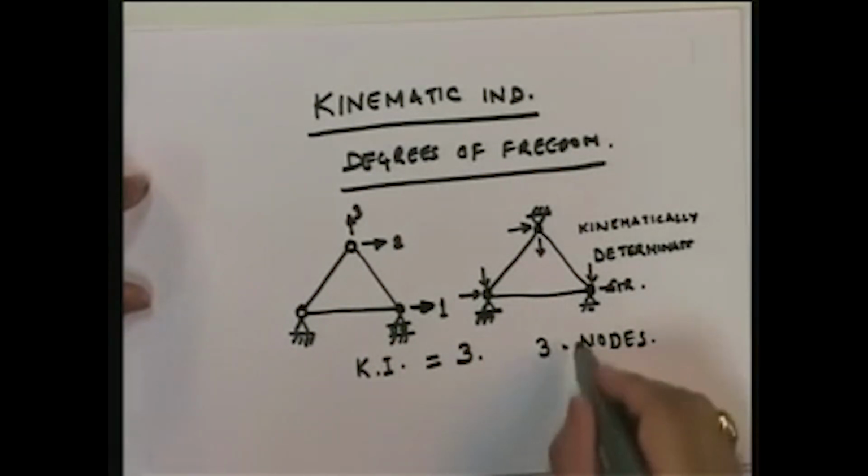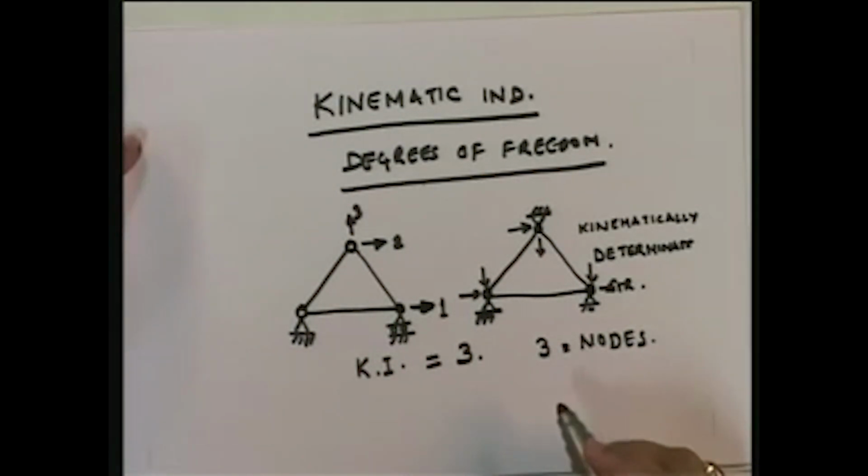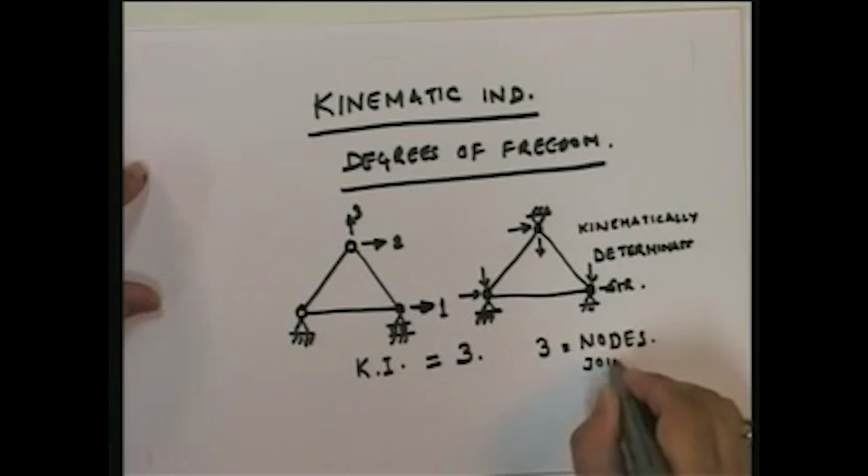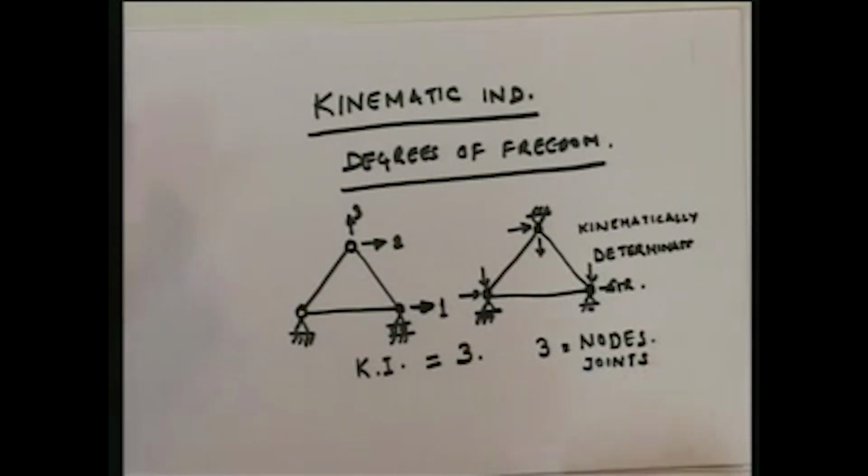Okay. So now for the movement of a node or a joint, you can call this a joint too. Joint, node, same. So the movement of a joint in a plane is given by 2 independent displacement quantities. In other words, if I know those 2 displacement quantities, I know where the joint is in the space.